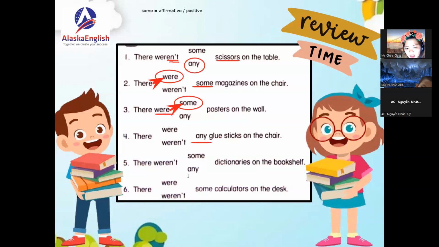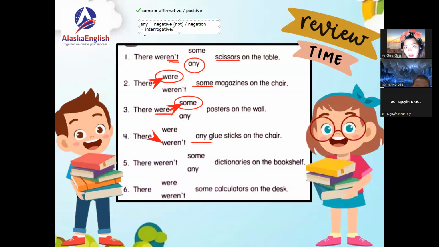Any, on the other hand, is used for any word that is negative, meaning it has the word not, or also called negation. The other is the use of question word or interrogative.